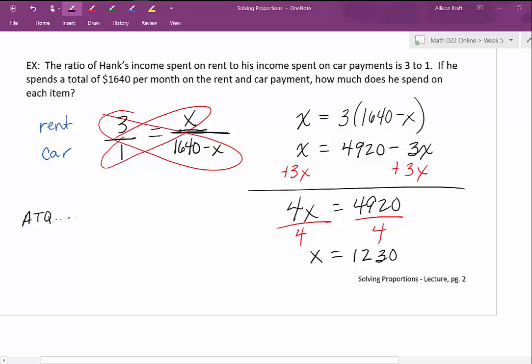We want to make sure to answer the question. They ask us how much does he spend on each item, how much does he spend on rent, and how much does he spend on his car. We know that x is equal to $1,230. X represented the unknown rent.